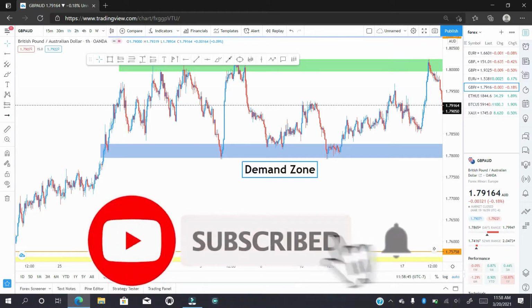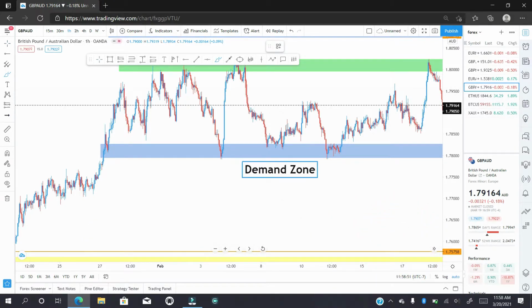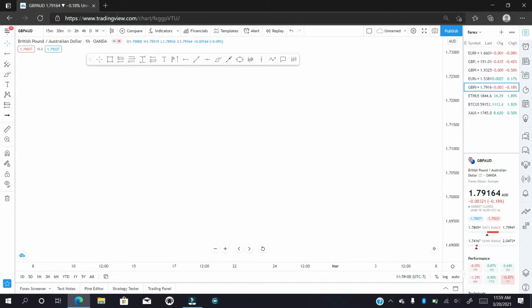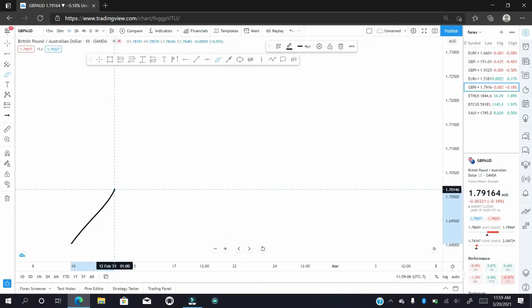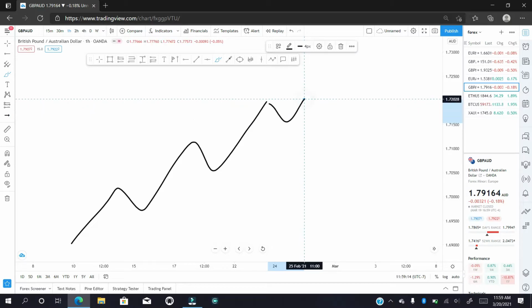So for those who don't know what a demand zone or supply zone is, let's say that price is moving from the bottom to the top, so we are on the bullish trend, and around this area price did that, that, and that.